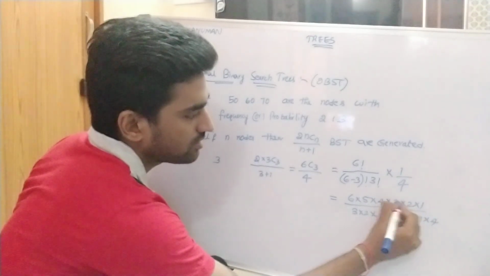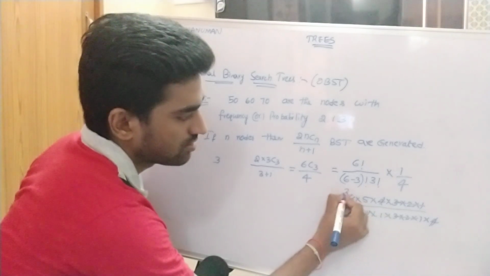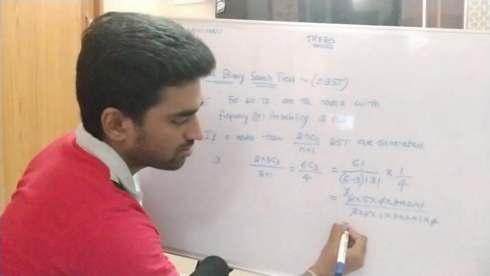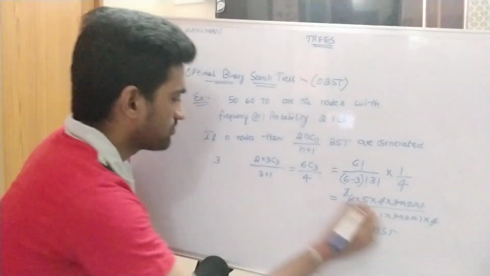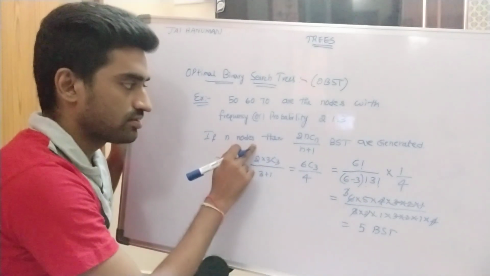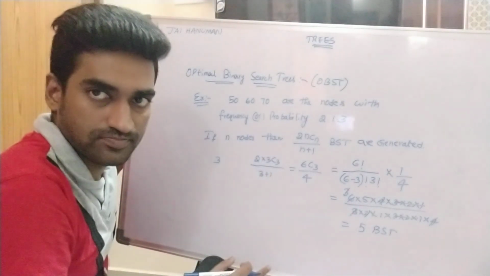So 3 cancels with 3, 2 cancels with 2, and 4 cancels with 4. So the total number of binary search trees is 5. So if there are 3 nodes, then we can construct 5 binary search trees, right?